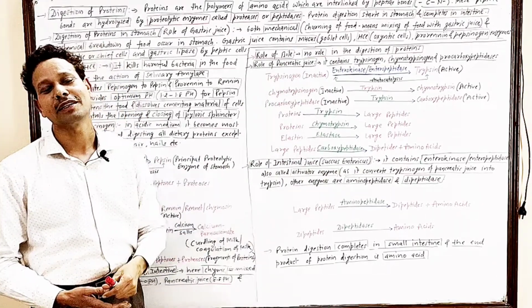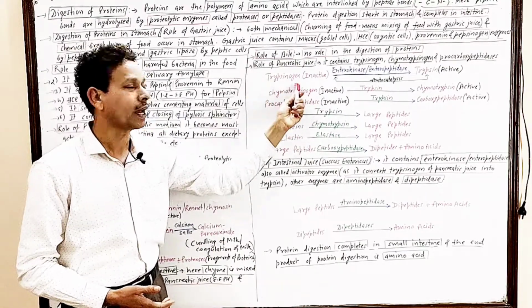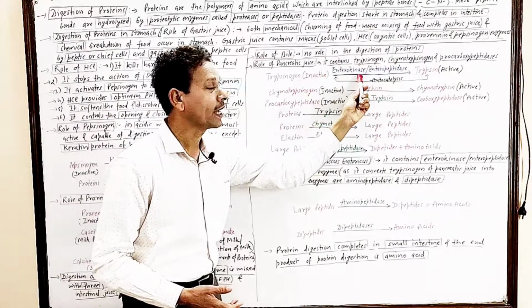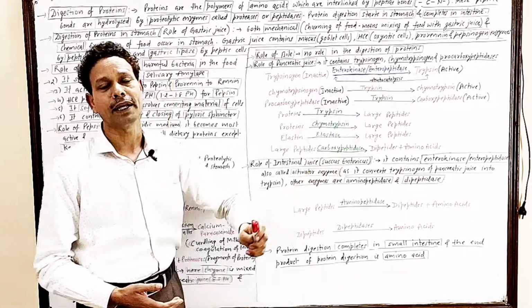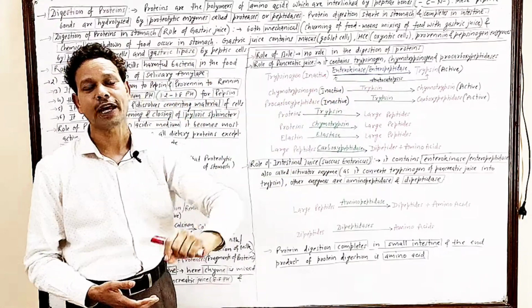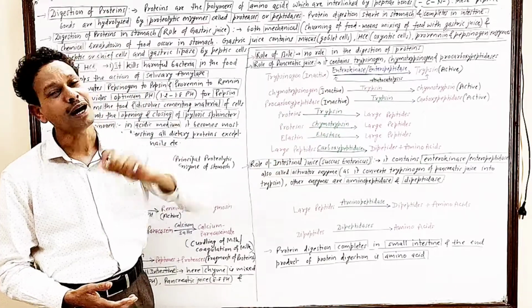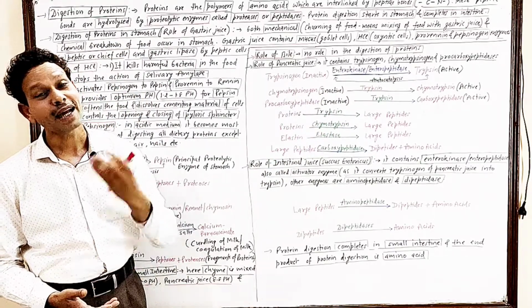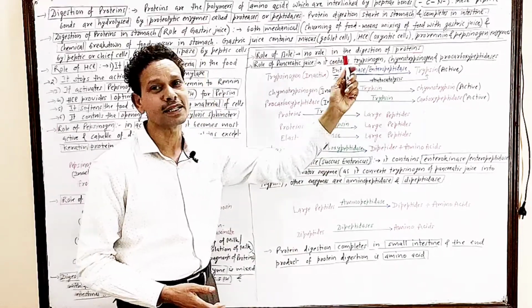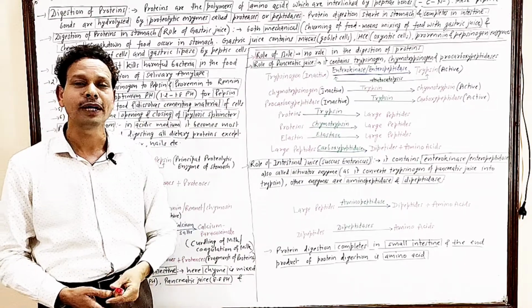This trypsinogen, the inactive proenzyme, in the presence of enterokinase, enteropeptidase, this special enzyme that comes from Succus entericus, the small intestinal juice, is activated. Enterokinase is a very famous enzyme for all competitive exams.